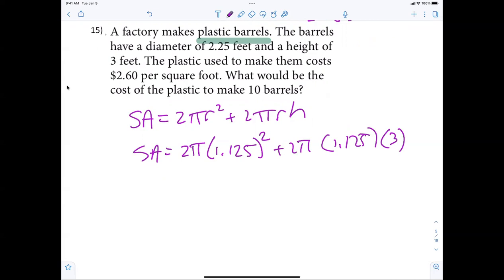Now, do we agree we can't really use pi now? Does everybody agree? Because we want a total cost. We can't say the cost is pi dollars. So what I need everybody to do is calculate that real quick for me using pi this time. So my surface area of 1 barrel is approximately what?